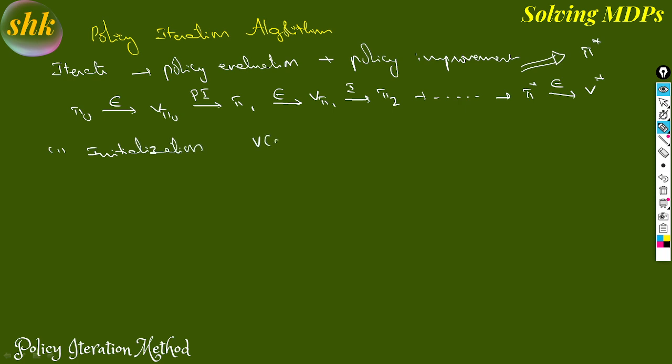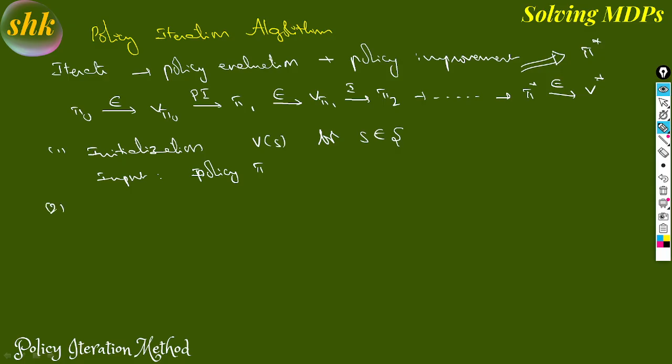We initialize v of s with zeros for s belonging to the state space, and we take an input policy pi which we want to evaluate.